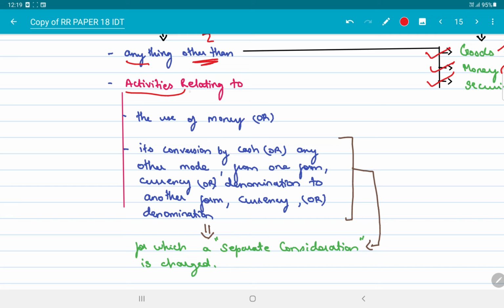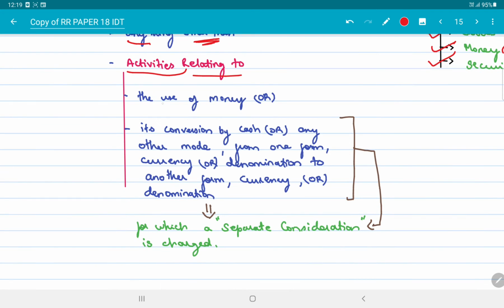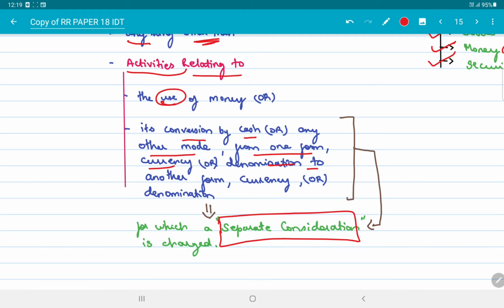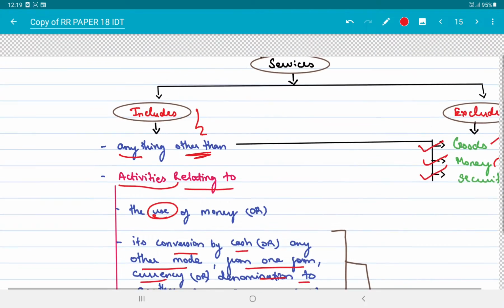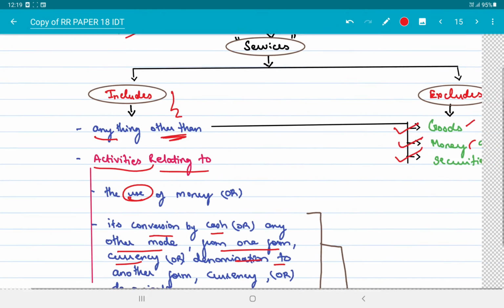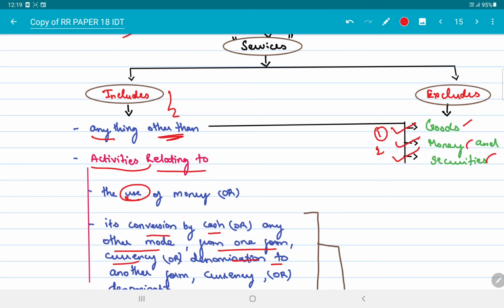Also it includes activities relating to the use of money or its conversion by cash or any other mode, from one form of currency or denomination to another, for which separate consideration is charged. So services will not include three things: goods, money and security.